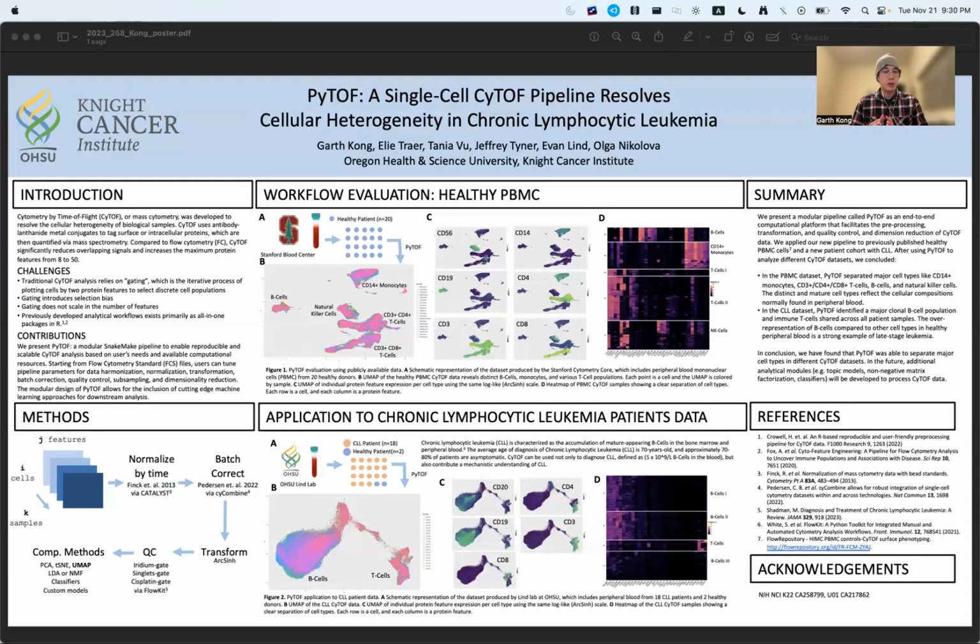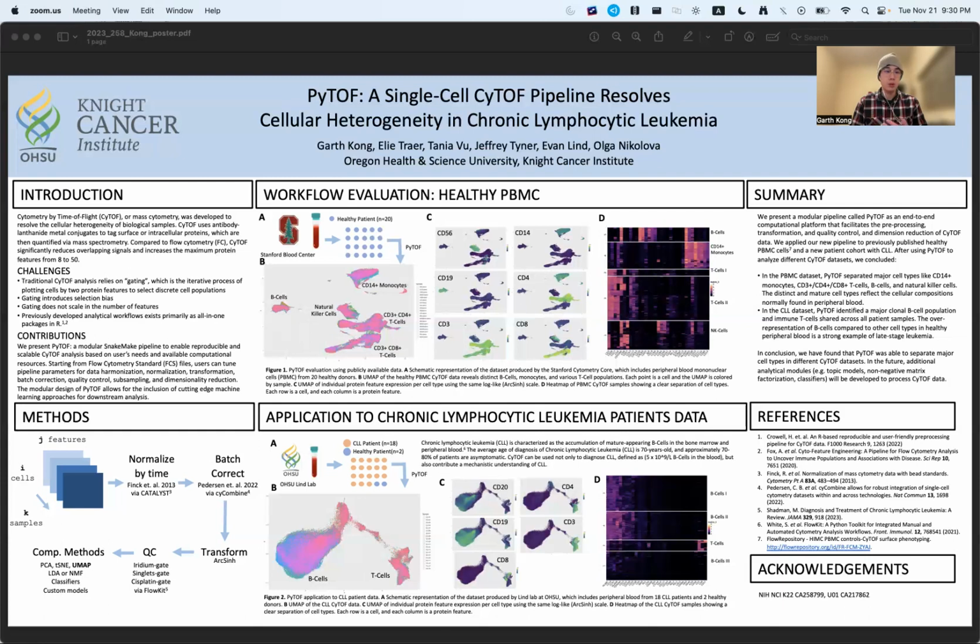However, by using the gating analysis method, you start to introduce a lot of selection biases, and sometimes gate boundaries can be subjective based on who's gating, as well as sample-to-sample variation. So ideally, we would like a method that is able to more holistically evaluate all the features at once.